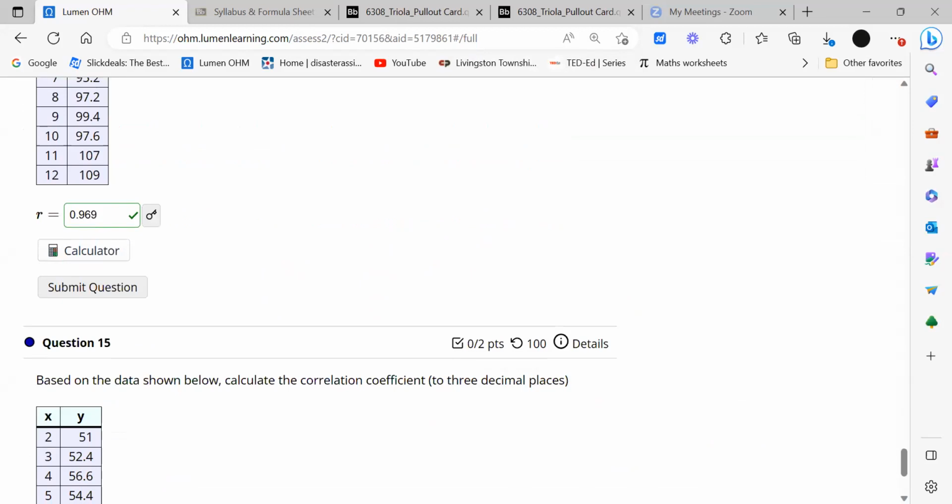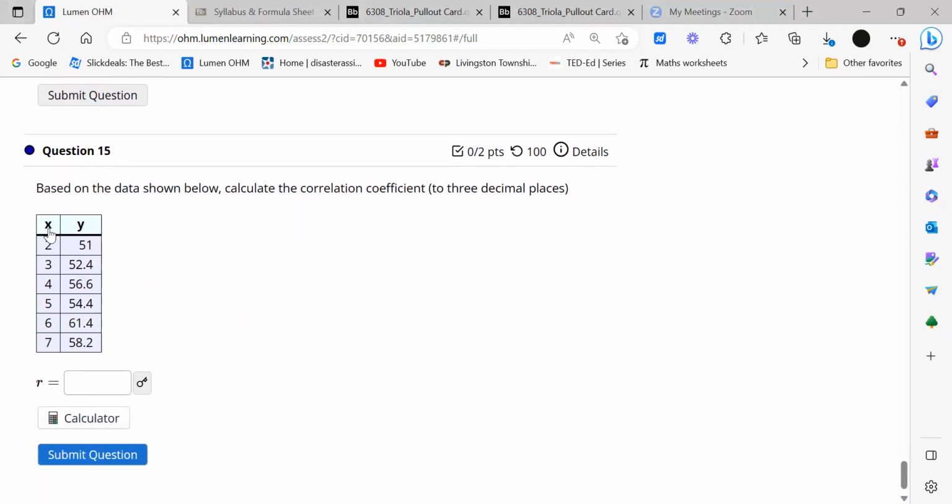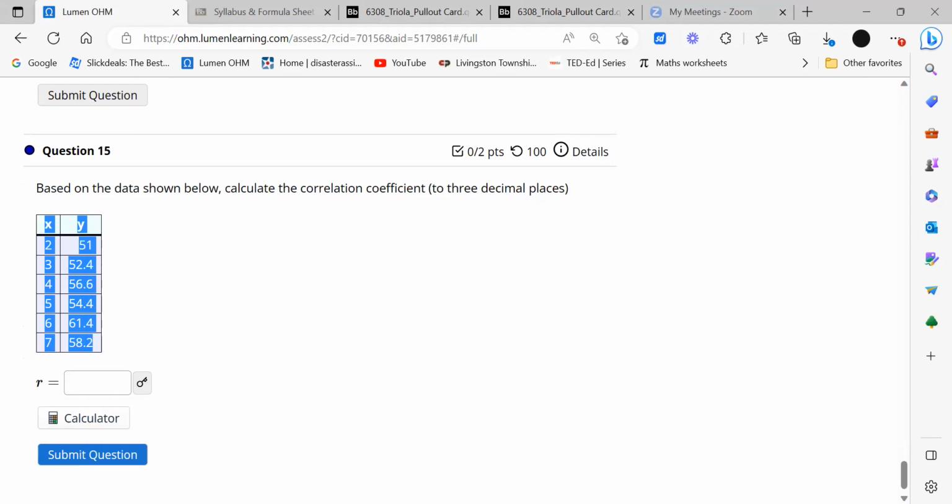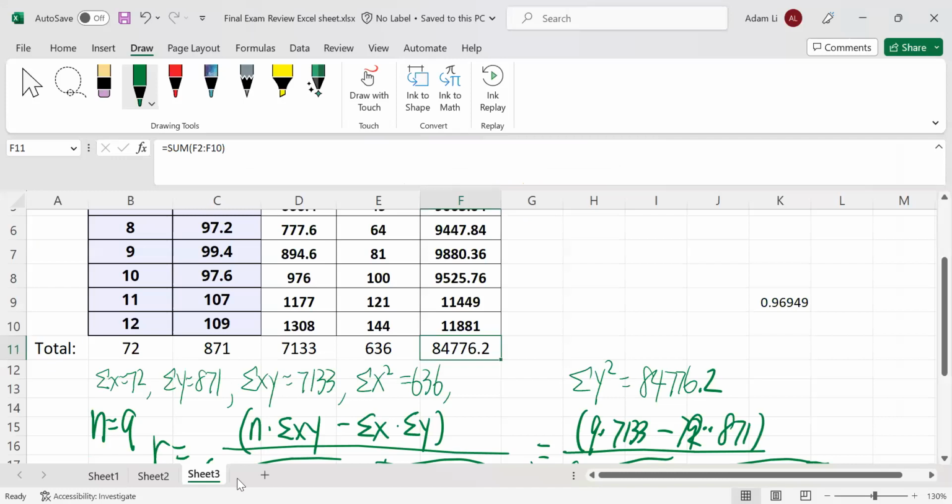All right, and the 15 is very, very similar. We try to find out the, yes, let me just copy the data set one more time. So let's copy the data set. Yeah, copy. So let's right click on it, copy, and then go back to Excel, and share this time.